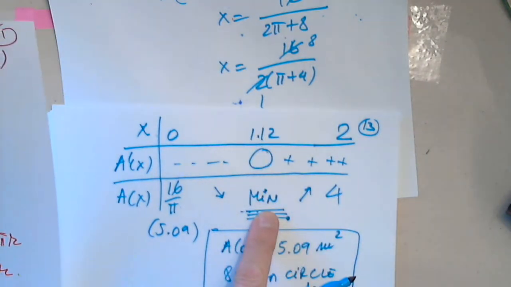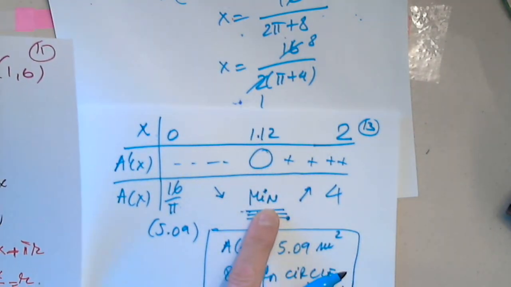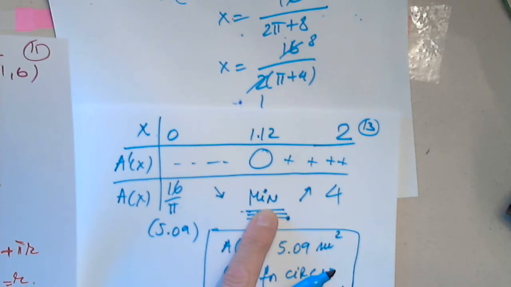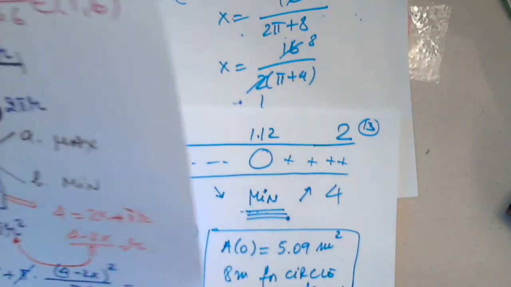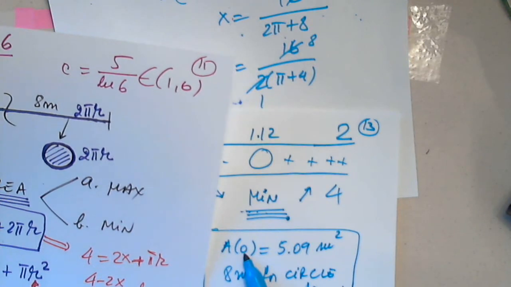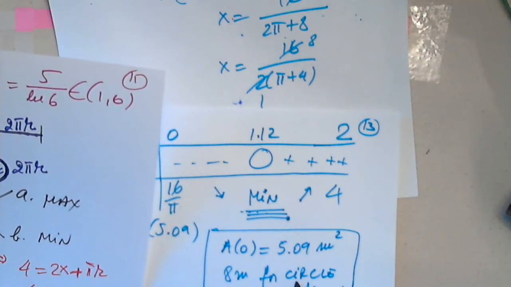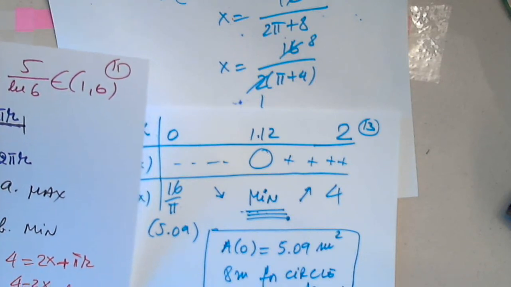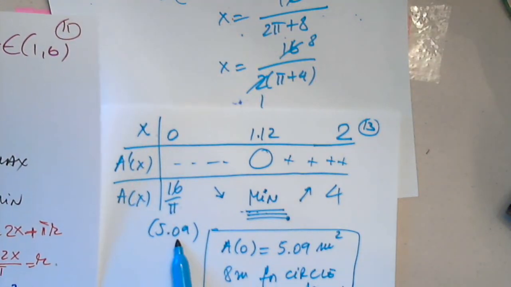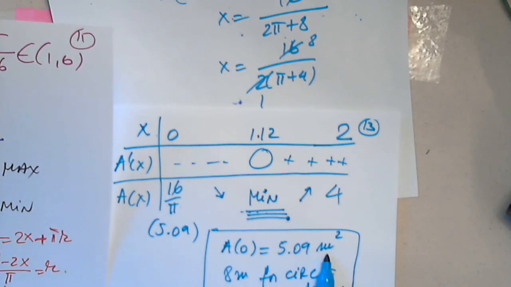Yes, I know I didn't determine this, but it doesn't matter. Okay, at this point. So when x is 0, and we use the entire 8 meters for the circle, that will give us the absolute maximum, 5.09 square meters.